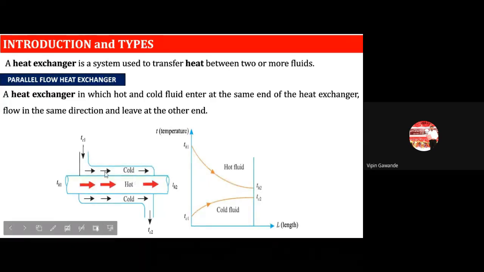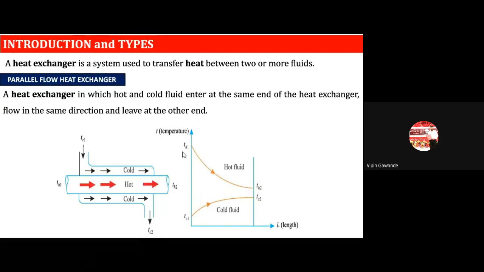While flowing through the heat exchanger, its temperature increases, so the curve goes up. Th1 is the inlet temperature of the hot fluid, while Th2 is the outlet temperature of this hot fluid. During the flow, the hot fluid exchanges heat with the cold fluid. That's why its temperature decreases and the curve goes down.